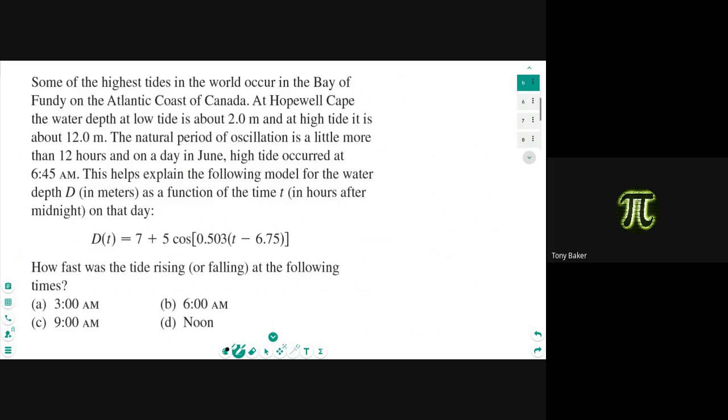Well, that's giving me the depth of the water, right? But I want to know how fast the tide's rising or falling. So what do I need to look for before we actually start doing the calculations?